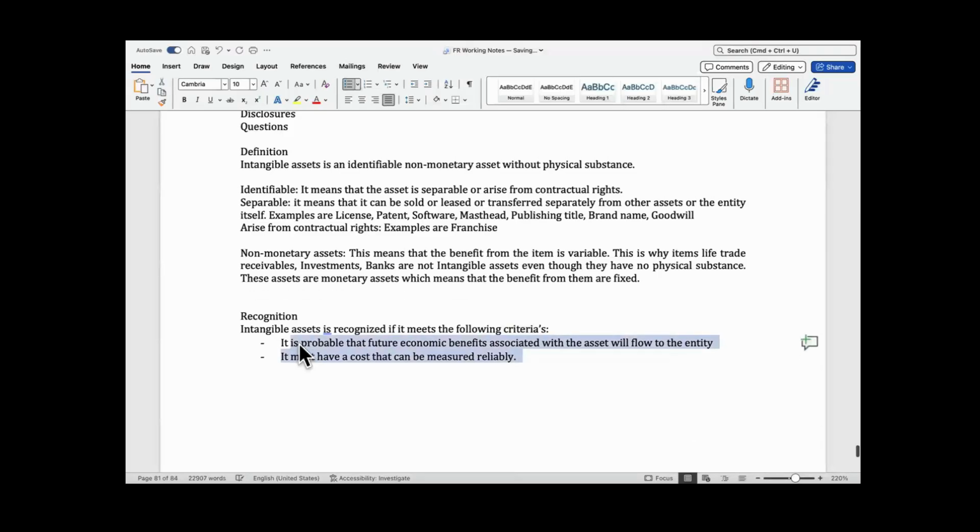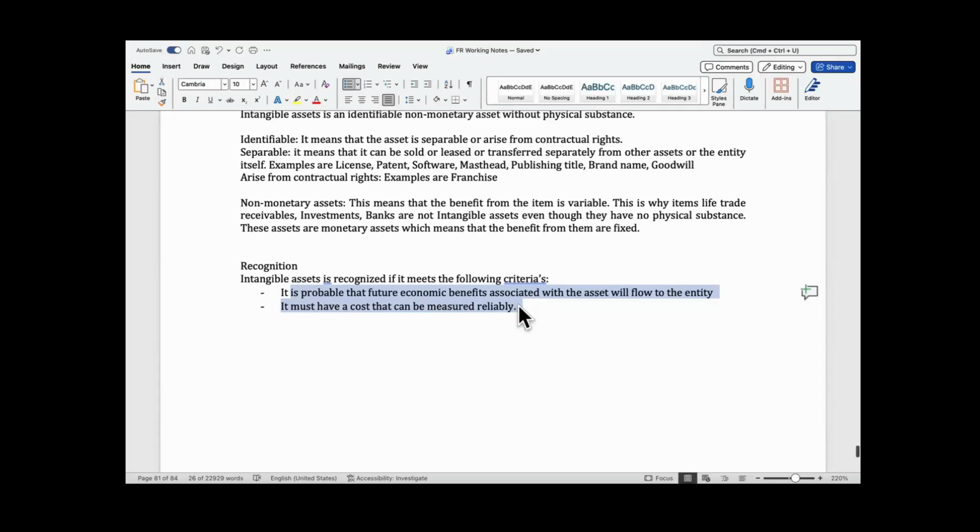And if you remember, you will see that this is exactly the same recognition criteria for PPE. It's the same. So good for you. As soon as you know that of PPE, you definitely know that of intangible asset. It's the same. So I will not go into unnecessary details.